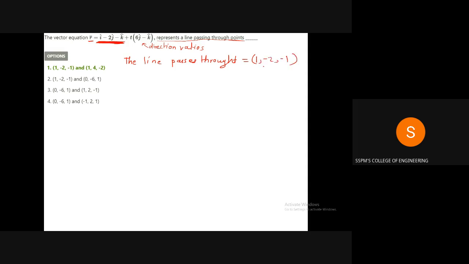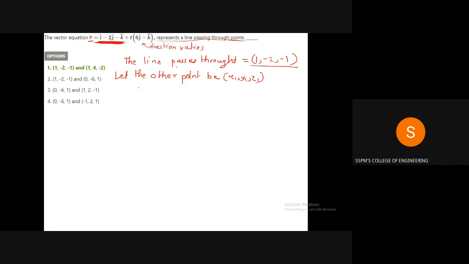This gives us one point, and we have to find one more point. Let the other point be x1, y1 and z1.